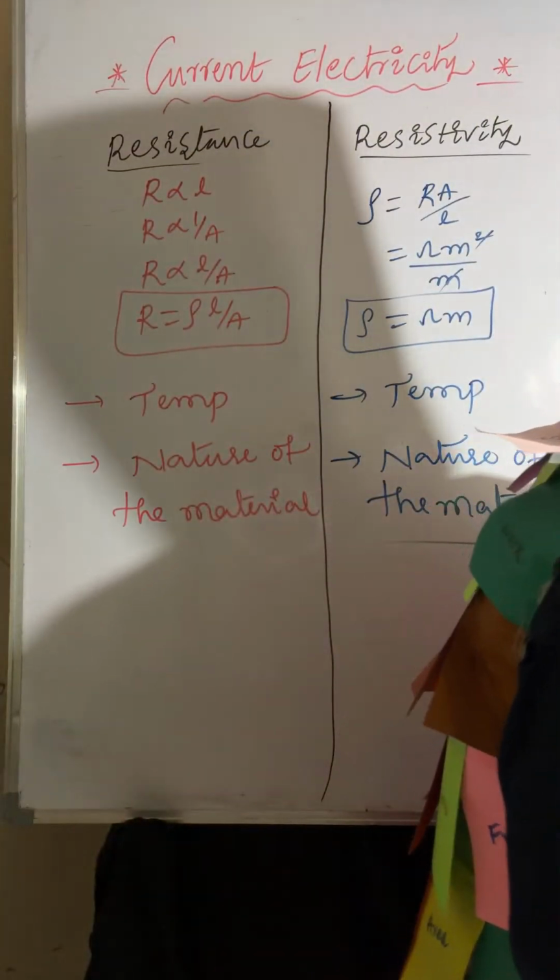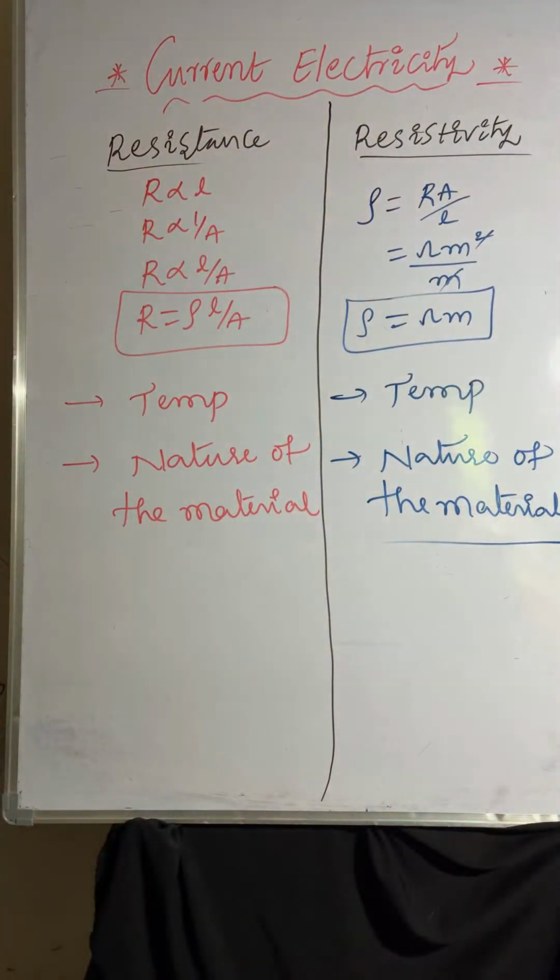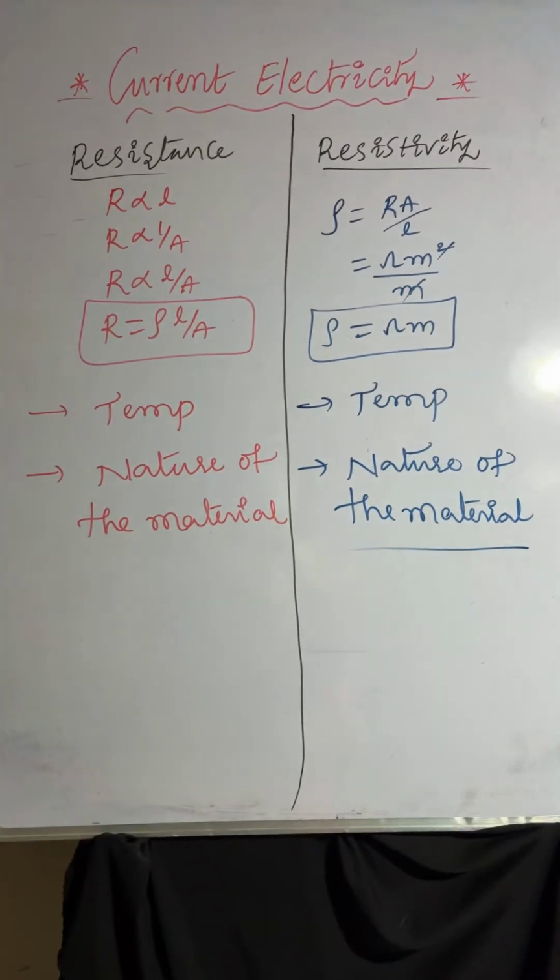So resistance depends on length and area of the cross section.